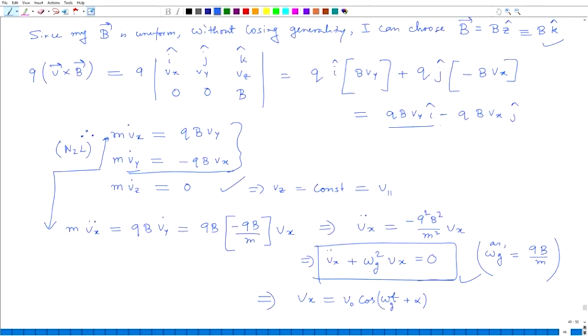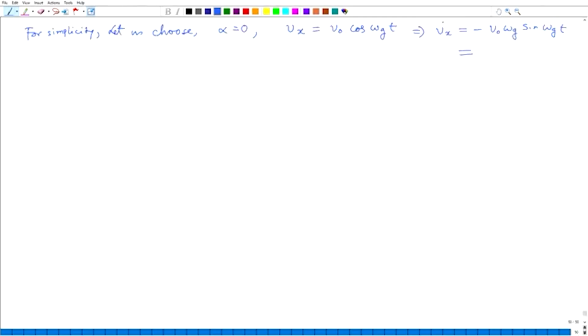Vx dot is nothing but QB by m Vy, so that is omega g Vy, and comparing we get Vy will be equal to minus V0 sin omega g t. I also have Vx is equal to simply V0 cos omega g t.